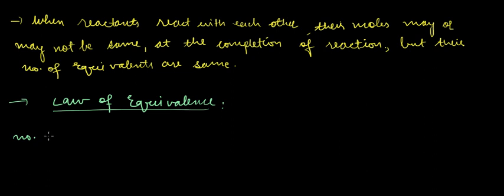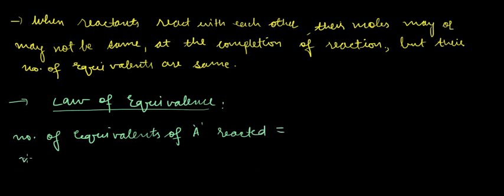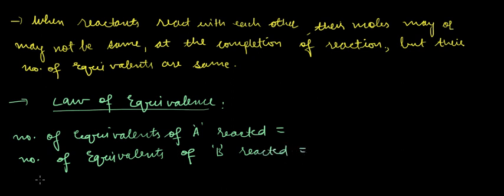So the law of equivalence says that the number of equivalents of A reacted would be equal to the number of equivalents of B reacted, which in turn would be equal to the number of equivalents of C formed or produced.